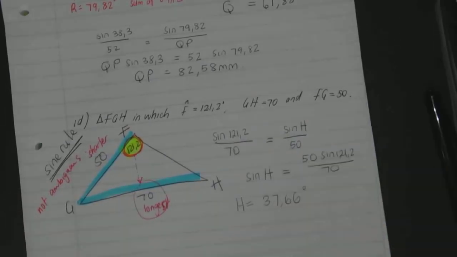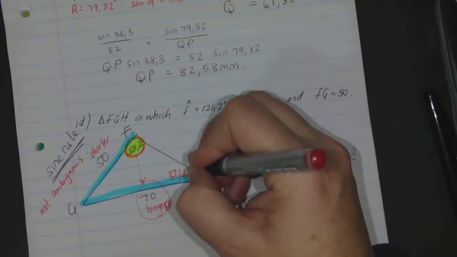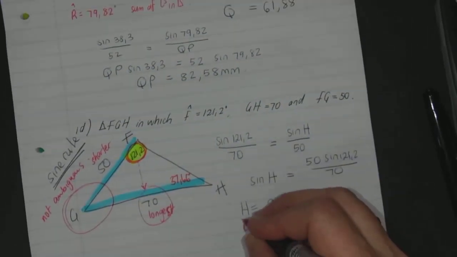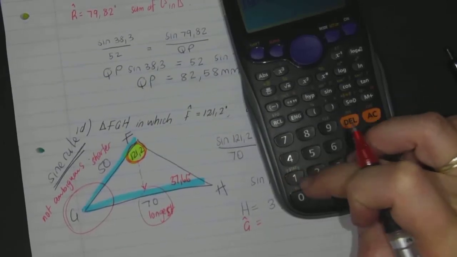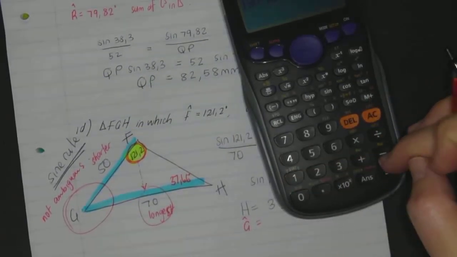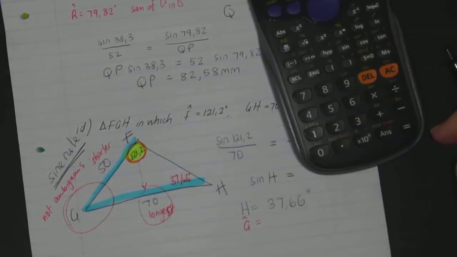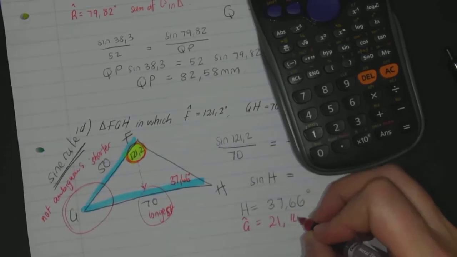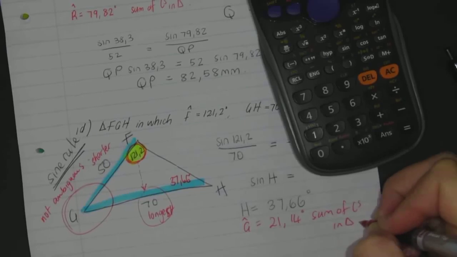Okay, so I just worked out that this is 37.66. Can I find the third angle? Yes, I can, because now I can say 180 minus 121.2 minus 37.66 gives me an answer of 21.14, because that's sum of angles in a triangle.